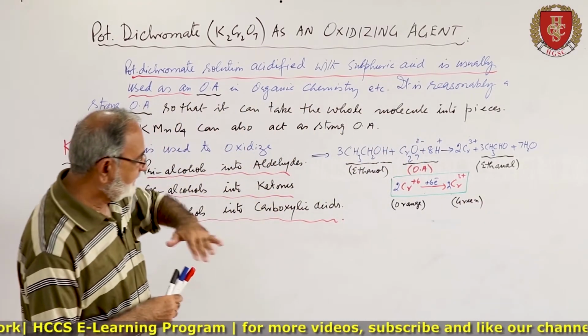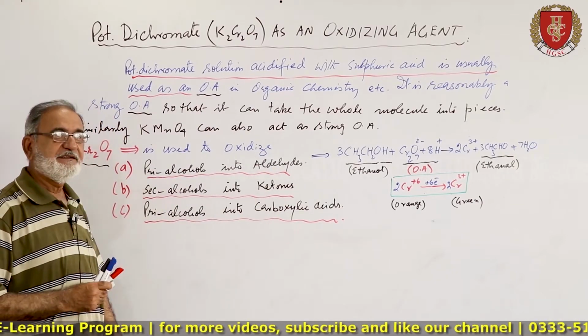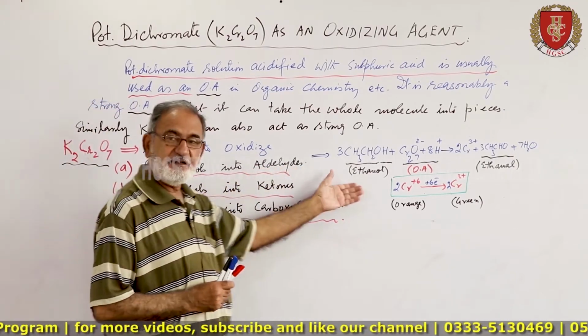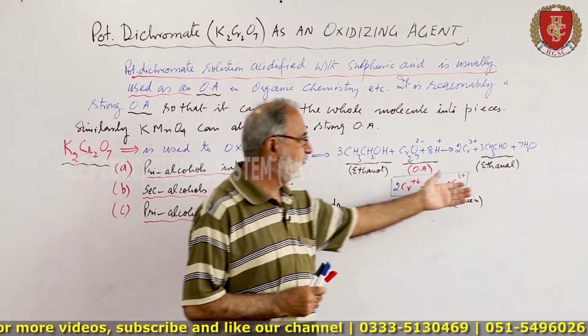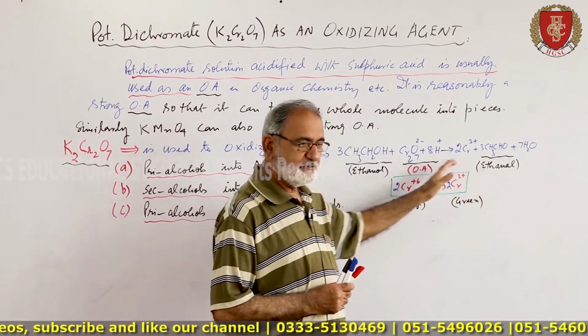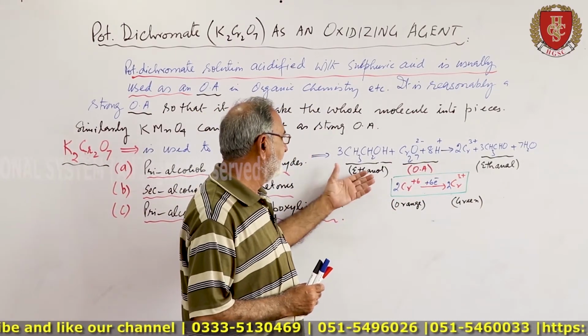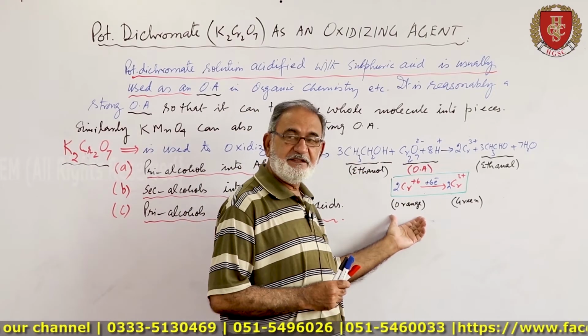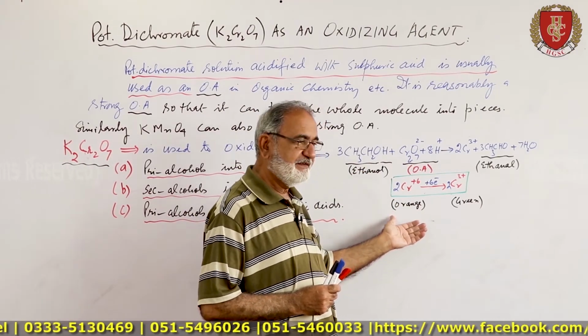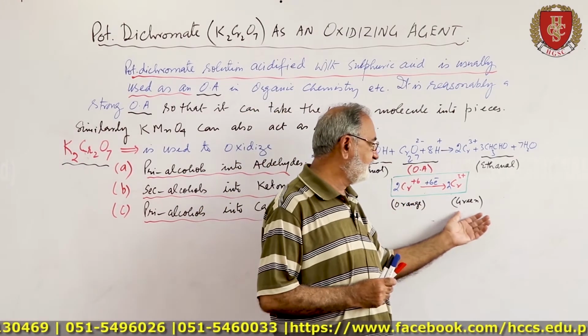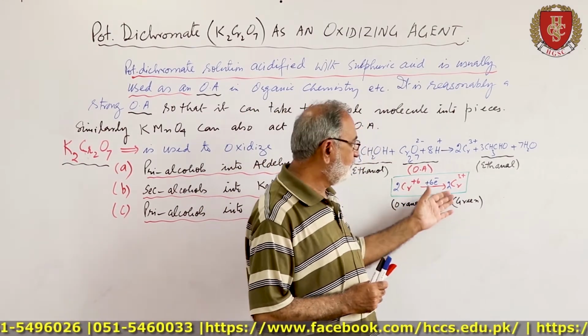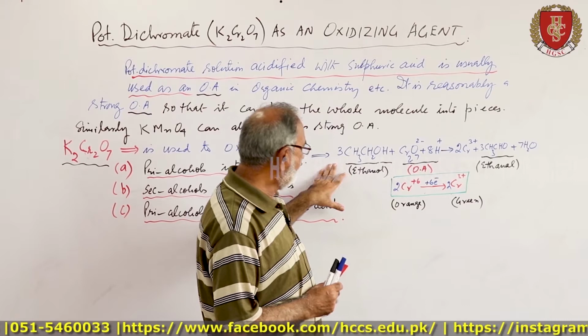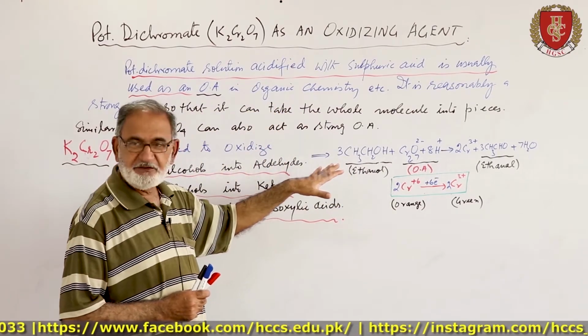So this will clarify the oxidation of alcohol into aldehyde. We have here the dichromate, that is orange, and it is going to change into green. So this is the oxidation of the ethanol.